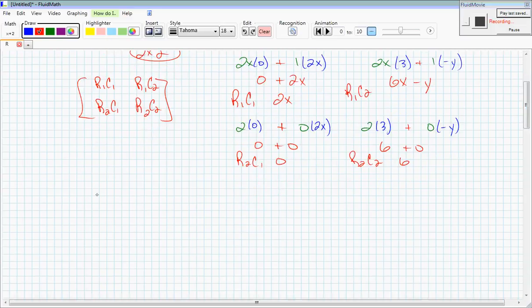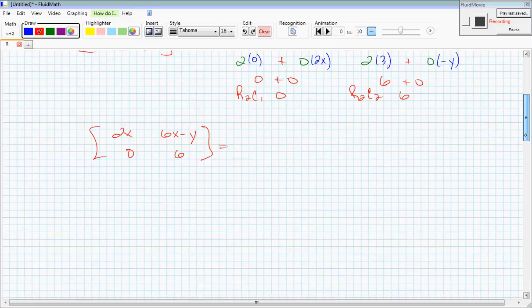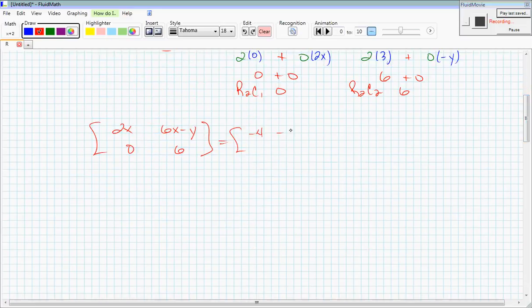So our new product matrix is going to be 2x and 6x minus y, 0 and 6, and that is equal to negative 4, negative 9, 0, and 6. What we see here is that 2x has to equal negative 4 by definition of equal matrices, and 6x minus y has to equal negative 9.